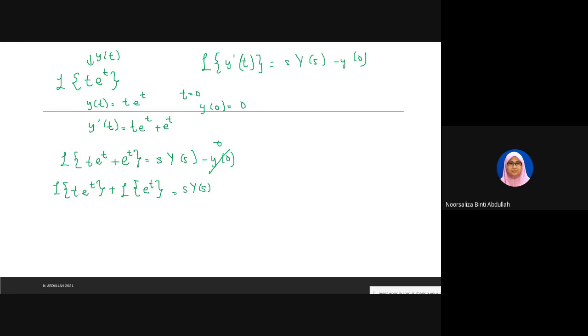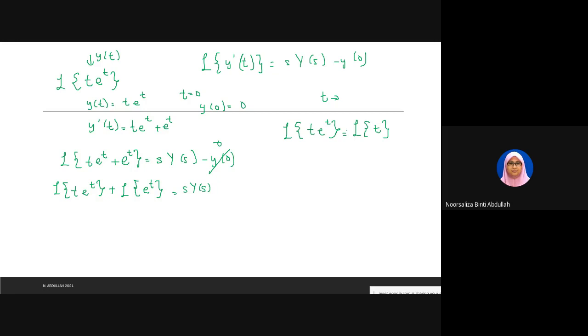Okay, so Laplace for t e^t is actually you can use the first shift theorem. Awak pakai first theorem, maksudnya you find the Laplace of t.